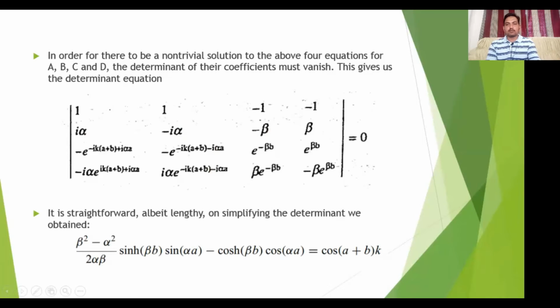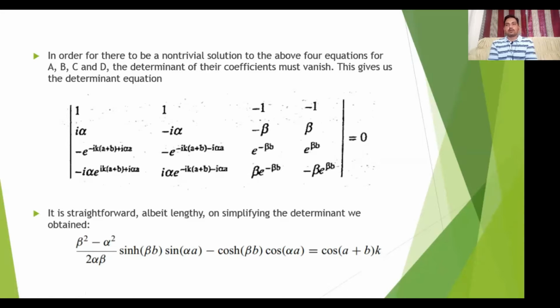And if you solve this determinant, which is straightforward but a bit lengthy calculation, we can simplify this relationship to a simple equation which is written over there: beta square minus alpha square over 2 alpha beta sinh beta b sin alpha b sin alpha a minus cosh beta b cos alpha a is equal to cos k a plus b.